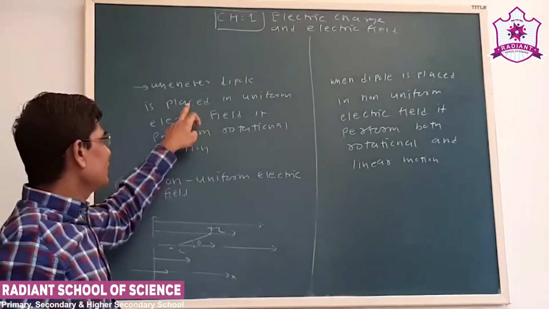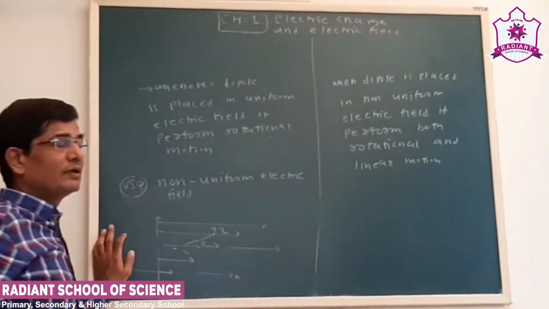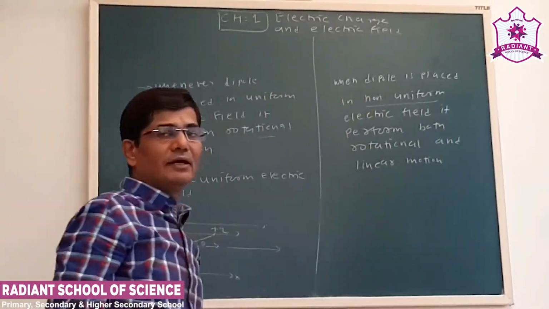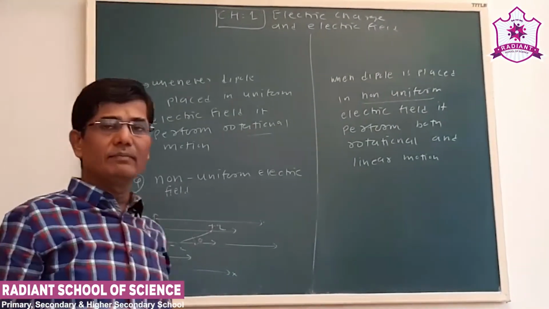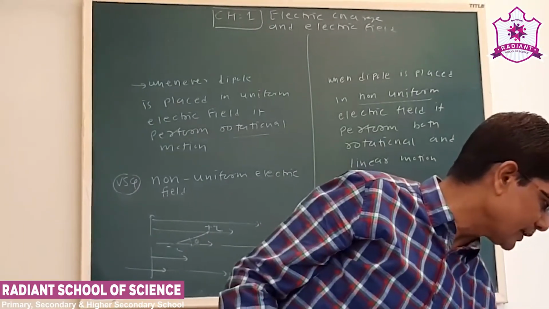When a dipole is placed in a uniform electric field, it performs rotational motion. But when the dipole is placed in a non-uniform electric field, it performs both rotational and linear motion. So this is about the behavior of a dipole in a uniform and non-uniform electric field.